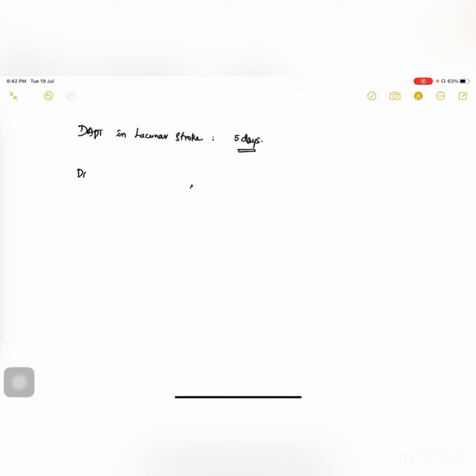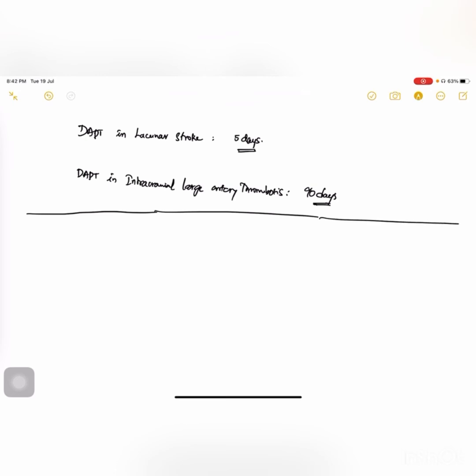Next, DAPT in intracranial large artery thrombosis. For intracranial large artery thrombosis, the DAPT is recommended for 90 days. So, these are the various neurological conditions where we give the dual antiplatelet therapy.